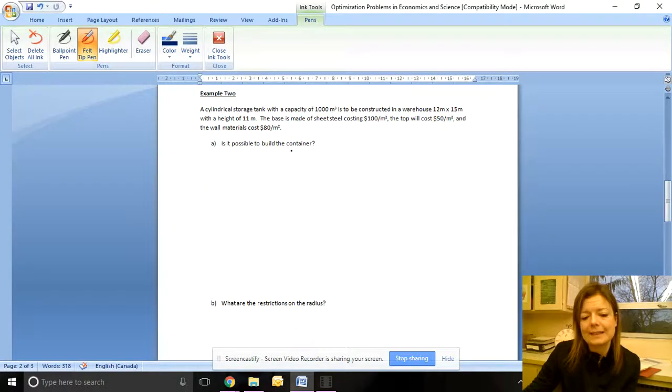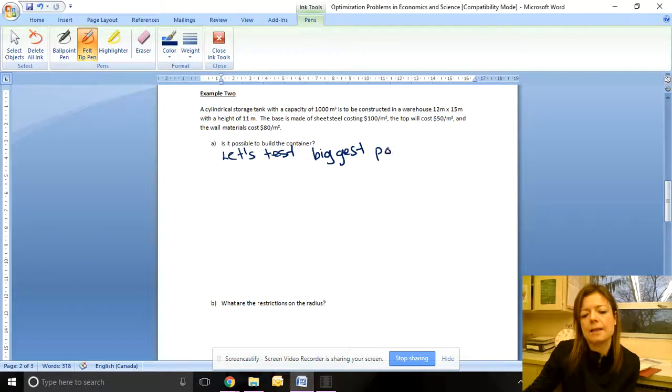So what that's asking is, does this warehouse have enough space to fit a cylinder that can fit that much capacity? So let's test the biggest possible container and just make sure that its volume is above 1,000.